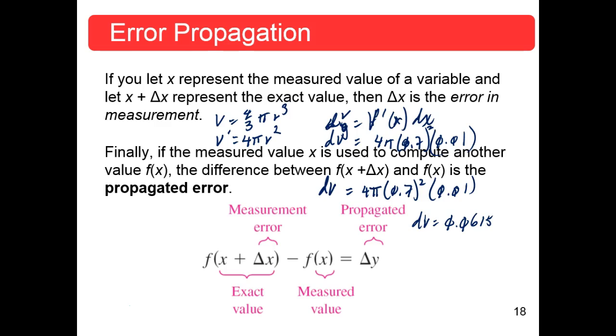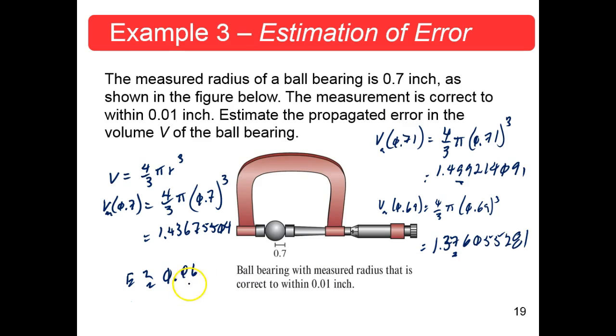And what did we get before? If you actually did the subtraction, which I didn't do, I was just estimating it, you get 0.063 or 62 something, and if you subtract the other one, you get a little different.